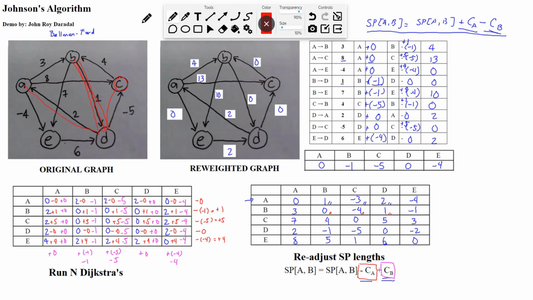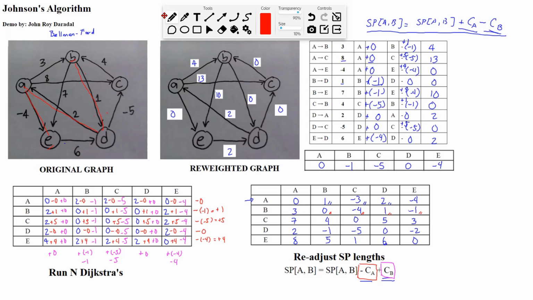From B to E. Okay, so erase this. We'll actually pass by the same path going to A, right? So we'll take B to D, 1 plus 2, 3 minus 4, negative 1. So you have the negative 1 from B to E.